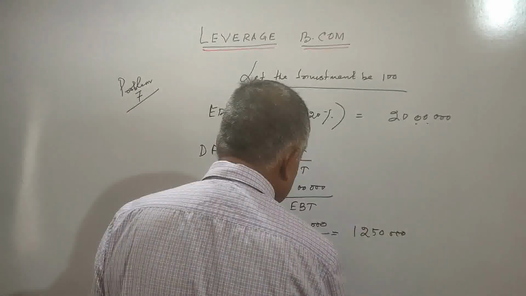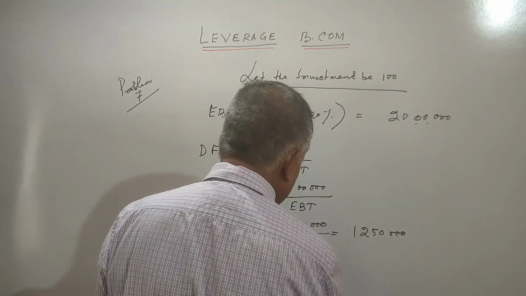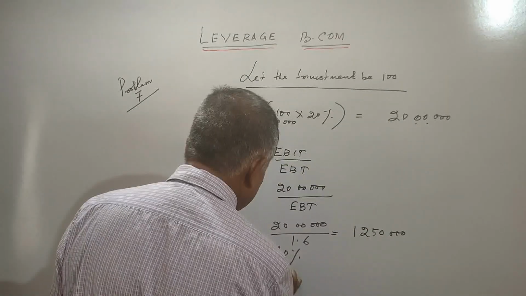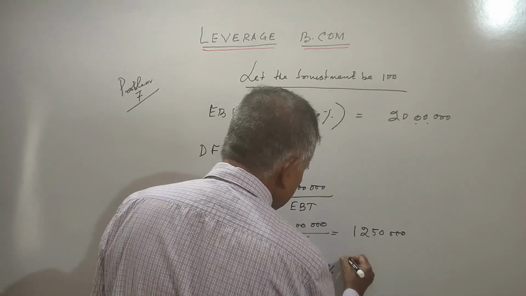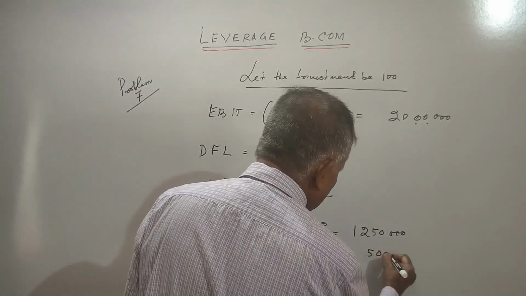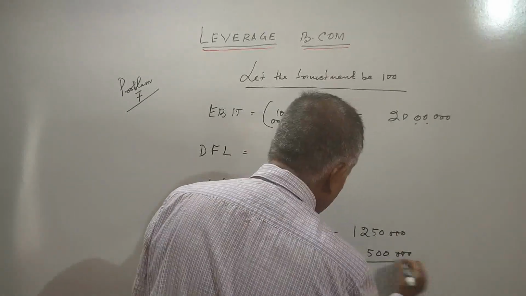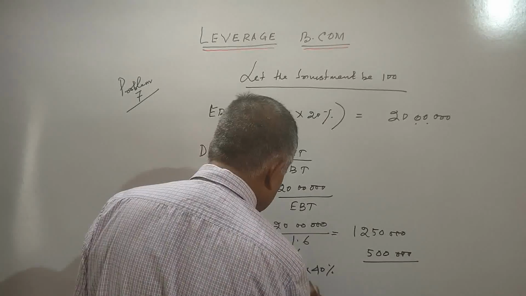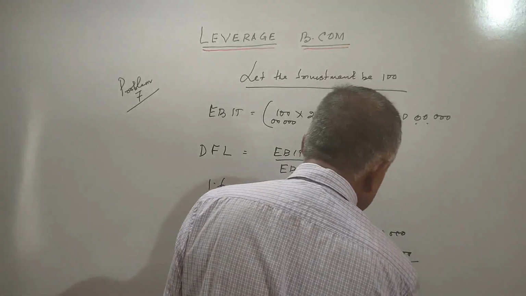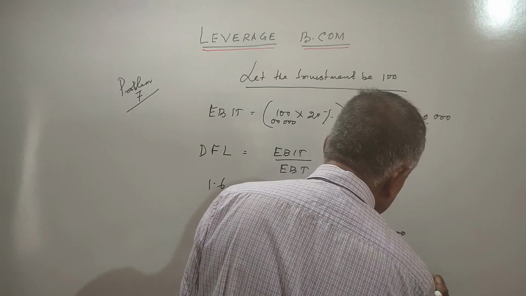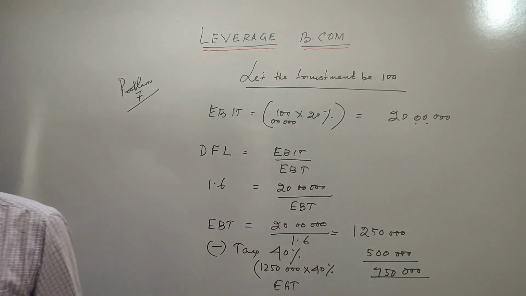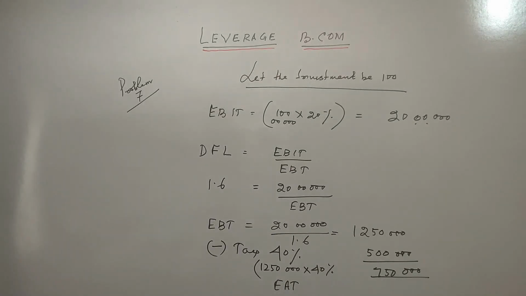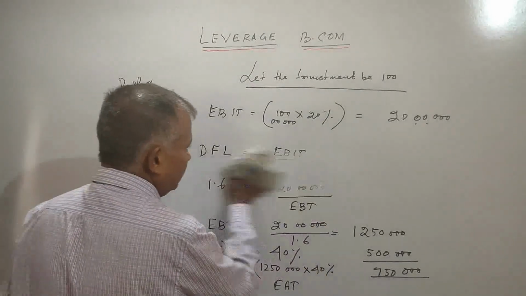So 12,50,000 into 40% comes to 5 lakh. So EAT, earnings after tax, is 7,50,000. Right?